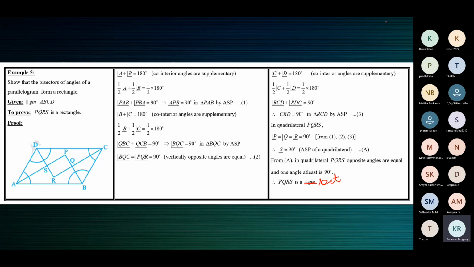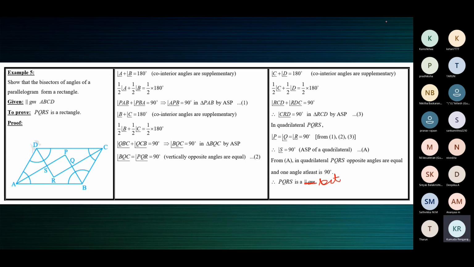Given parallelogram ABCD, to prove PQRS is a rectangle. Children, after given, also write this. I missed to write.